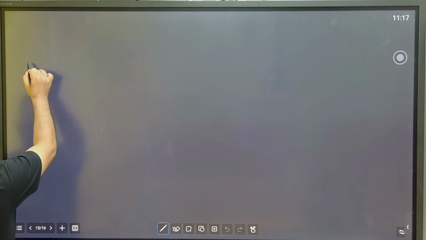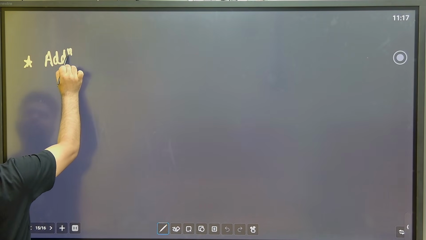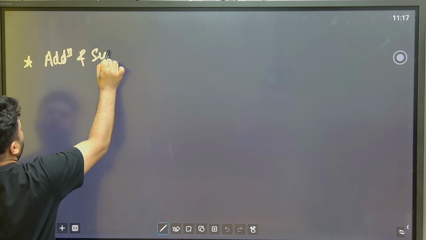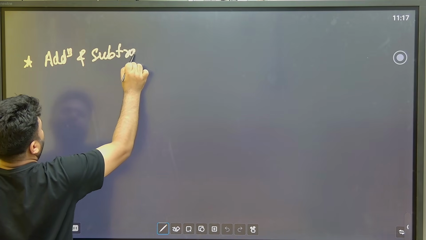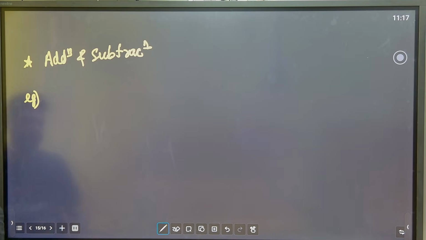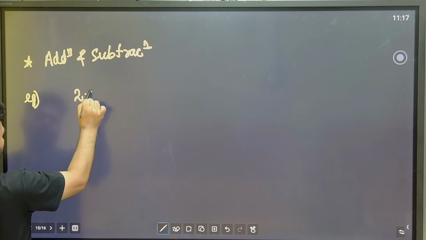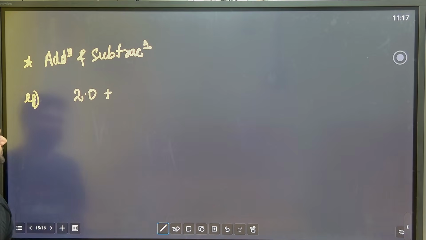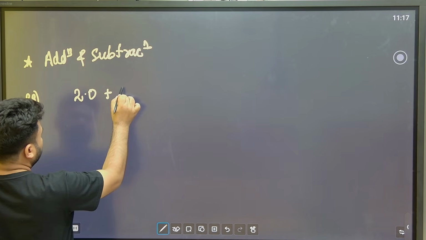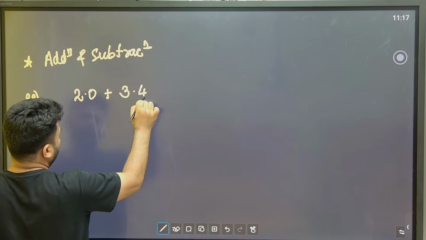Now see, some addition and subtraction. What is the rule? I will take one example. 2.0 plus 3.42.